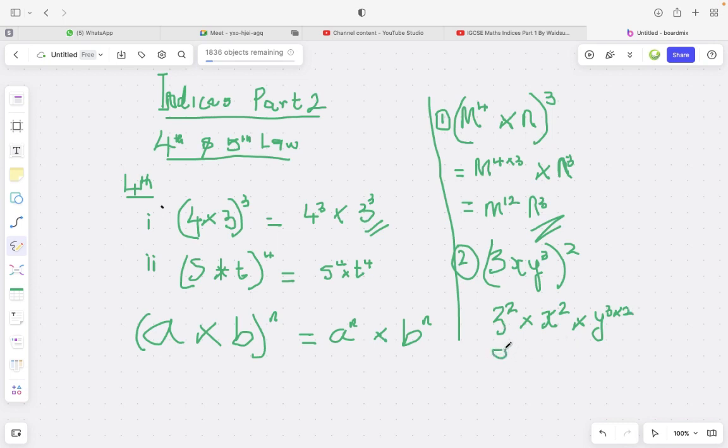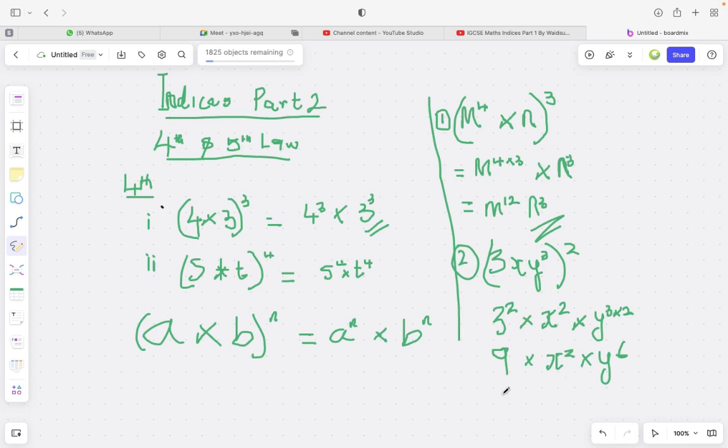Many of you write 6, you will be wrong. 3 times 3 is 9. Multiply by x squared. Then multiply by y to the power of 6, because 3 times 2 is 6.